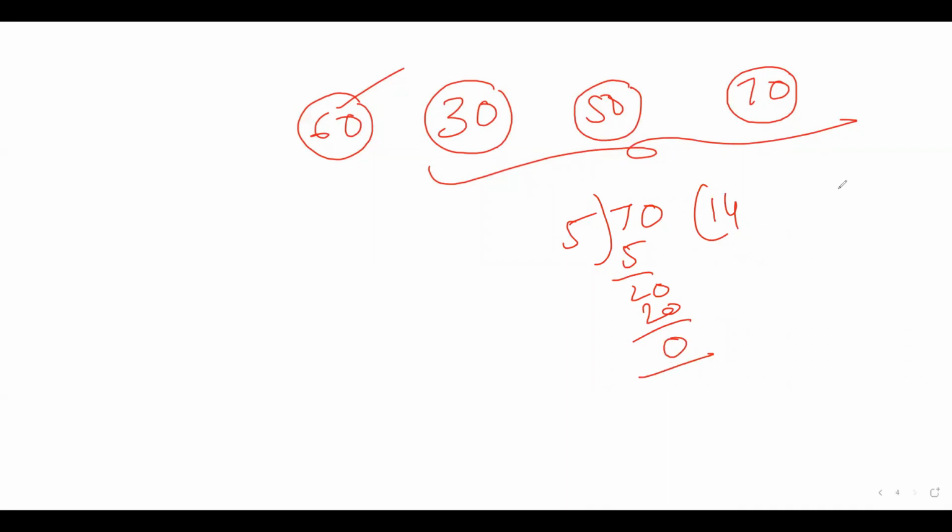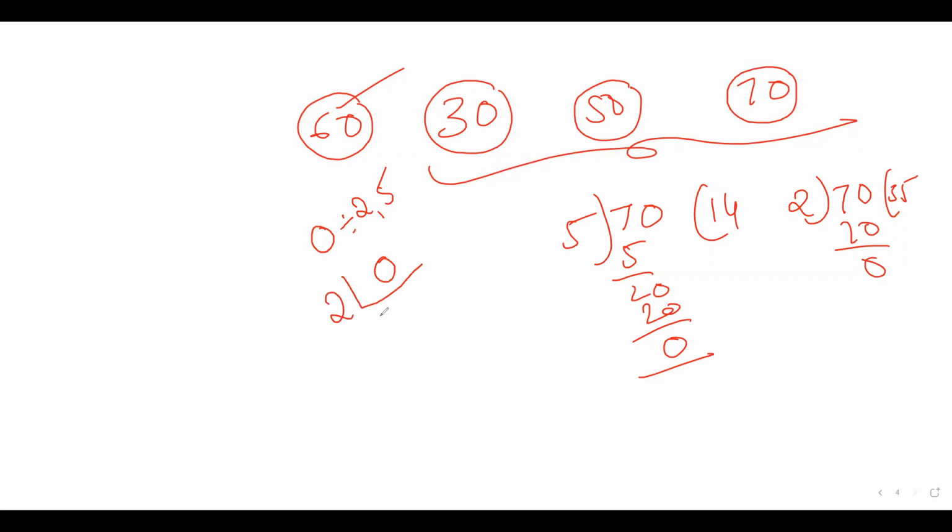Exactly divisible by 5. 2 thirty-fives are 70. Exactly divisible by 2. So one more common thing is that the numbers which are ending with 0 are divisible by 2 as well as 5. And previously we came to know that those numbers which are ending with 0 will have 2 and 5 in their factorization.